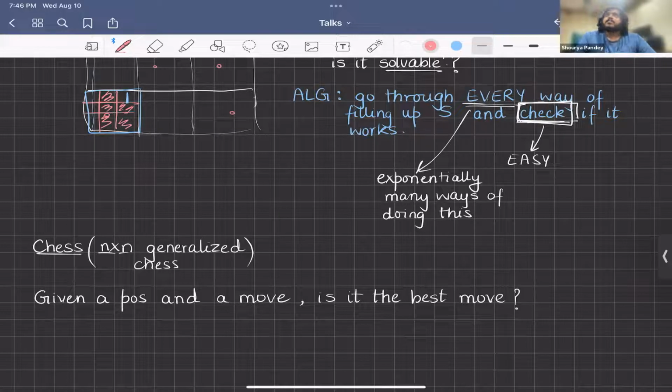So how do you approach such a problem? Just think about it in this manner. Can you come up with something like this for the problem?